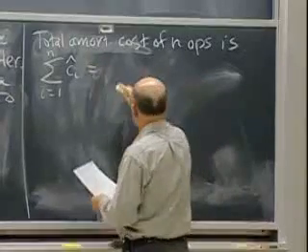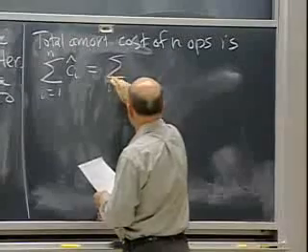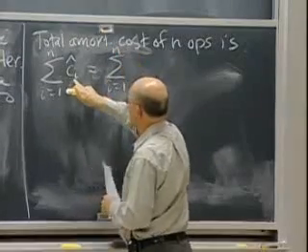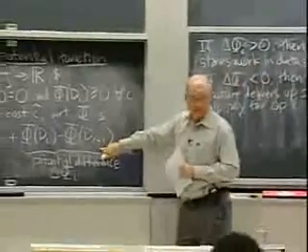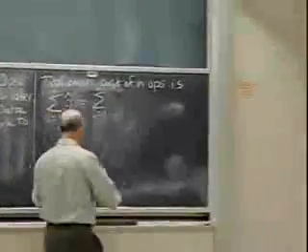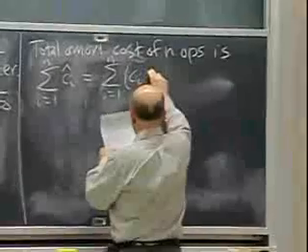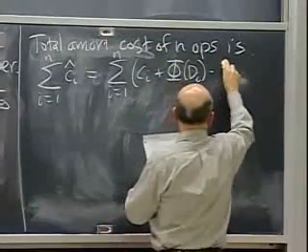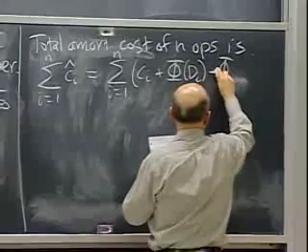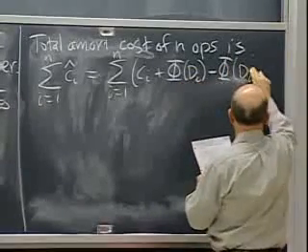And that's equal to, by substitution, just substitute ci hat with this formula: ci plus phi of di minus phi of di minus 1.